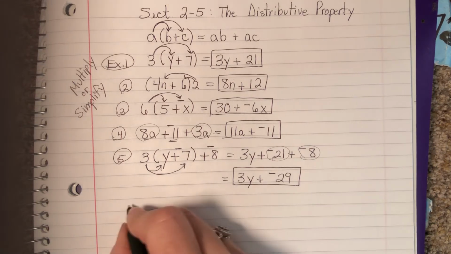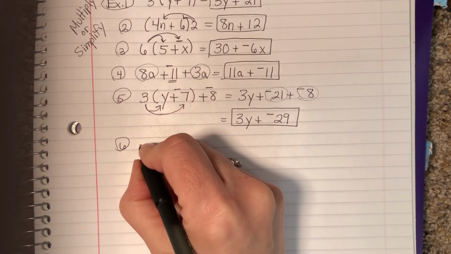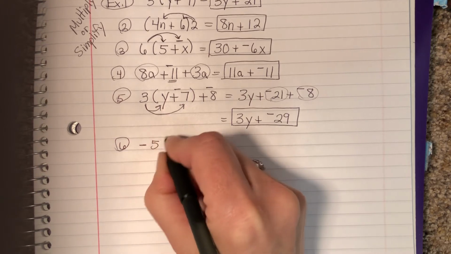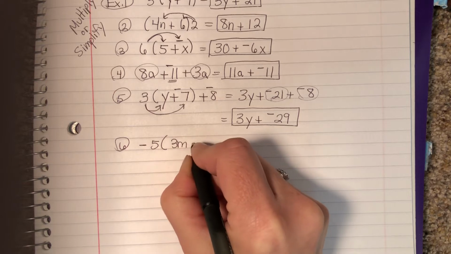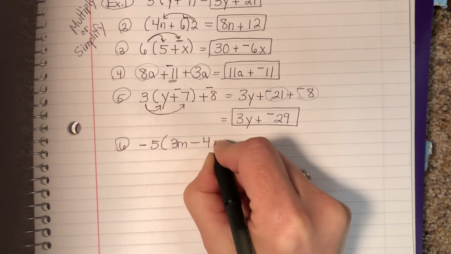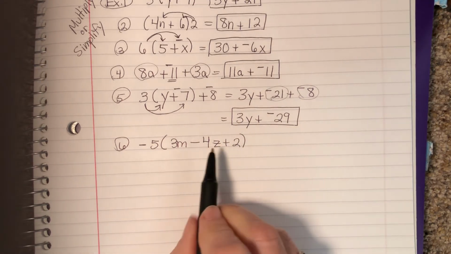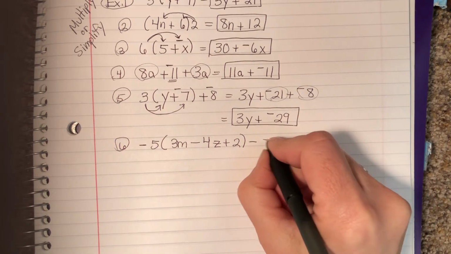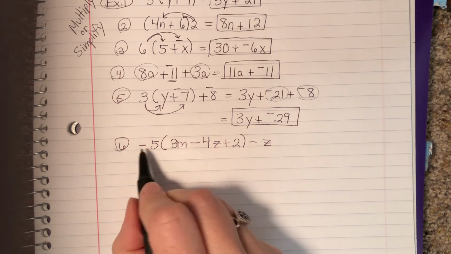Easy enough. Number 6. Let's get this up a little bit. So let's put a negative 5 on the outside, and then 3m minus 4z plus 2. You might have more than 2 things in the parenthesis. You could have 15 things in here, it doesn't matter. And then minus z. So let's don't keep change here.